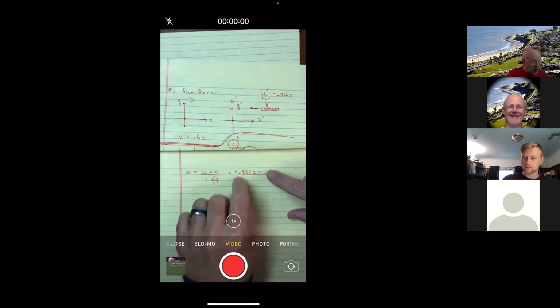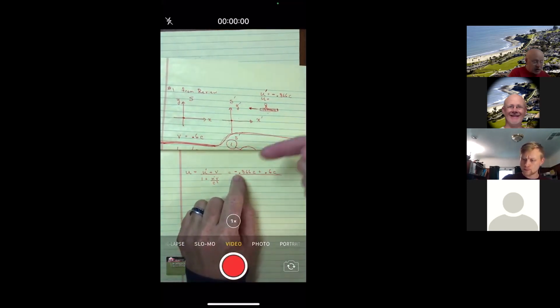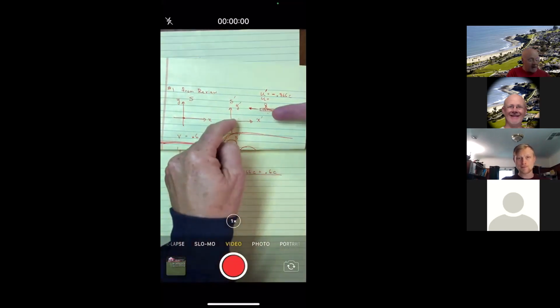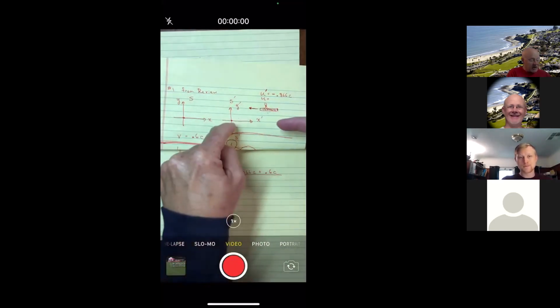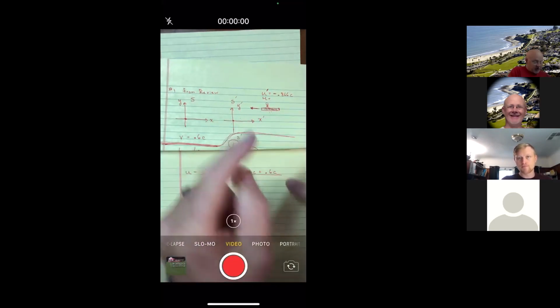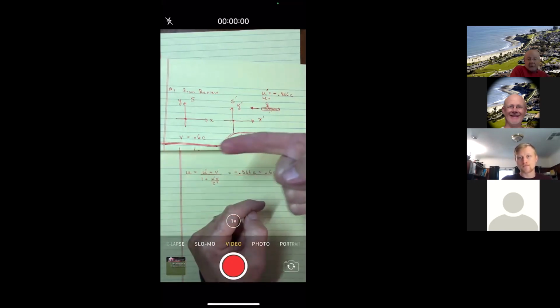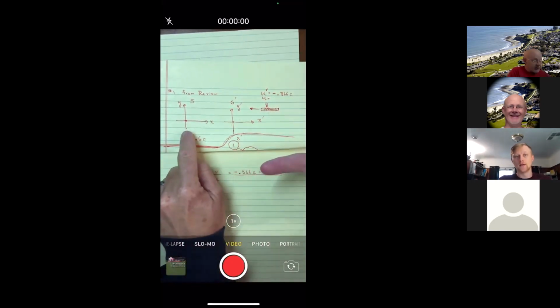I would have just said, well, this is a huge speed, but a lot of it is from the 0.6 from this one moving. And so it's really not going all that fast. It'd be just the difference between them. So it'd only be 0.266 in the negative direction as seen by that person.